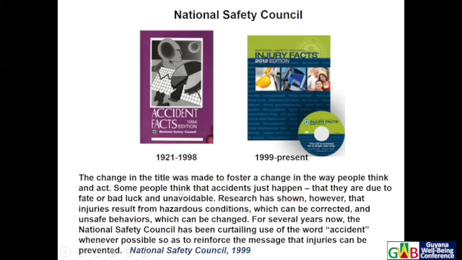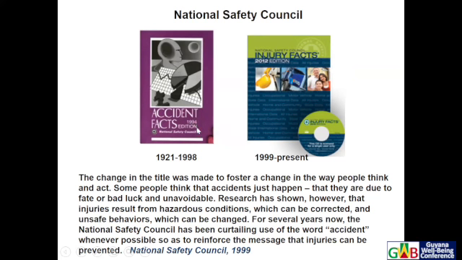Say the National Safety Council in the United States is the oldest non-government organization specializing in safety. The National Safety Council publishes an annual report. It used to be called Accident Facts.